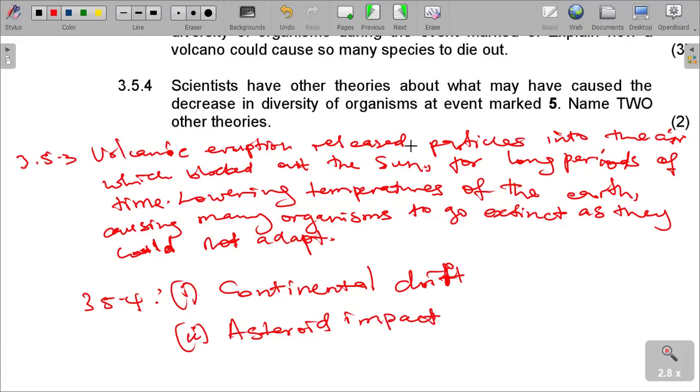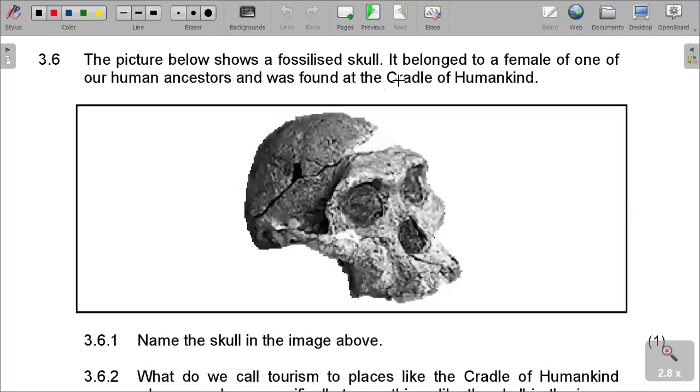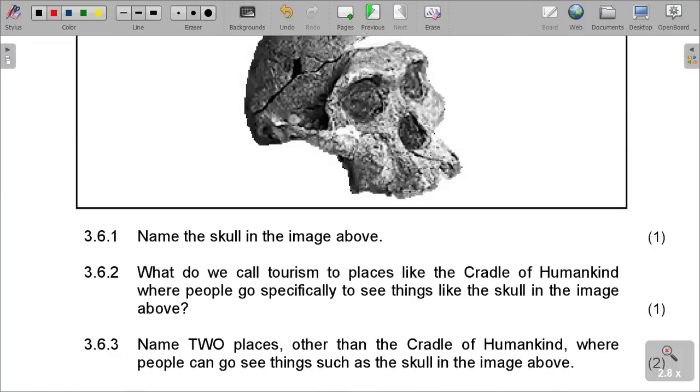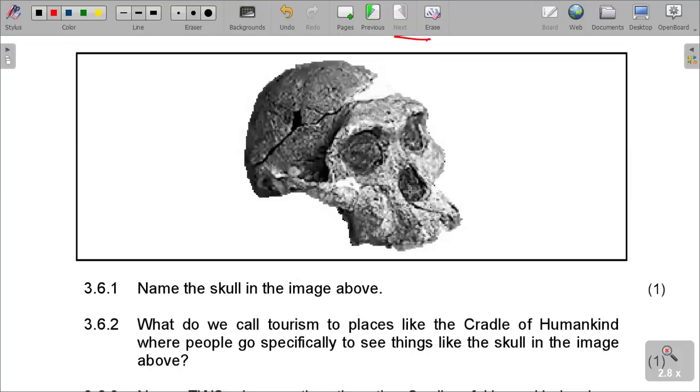And then maybe next, last but not least question, the picture below shows a fossilized skull. It belonged to a female of one of human ancestors, was found in the Cradle of Humankind.